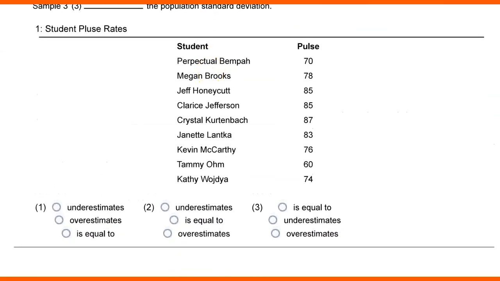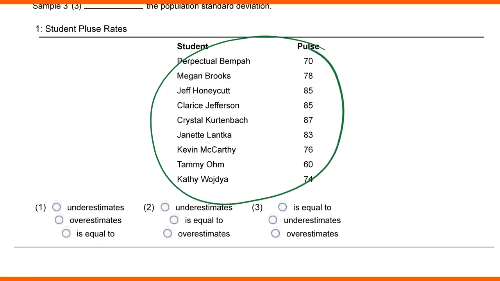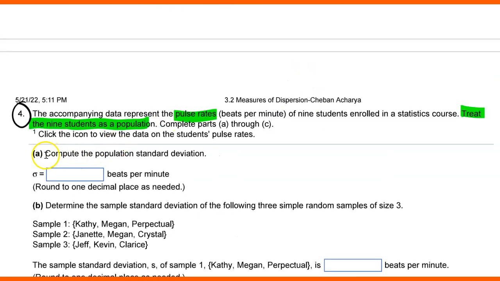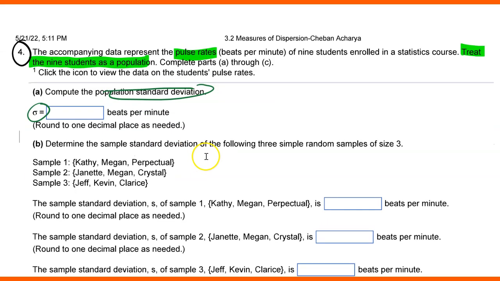In other words, these 9 data values represent the population. Therefore, the question asks you to compute the population standard deviation. Look at the symbol here, that's sigma for population standard deviation. Okay, that's sigma.